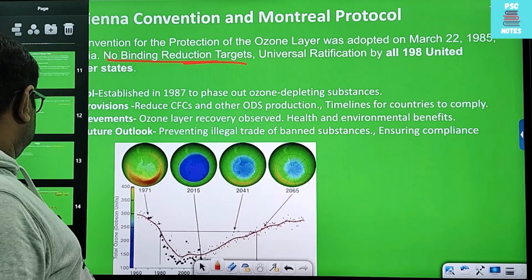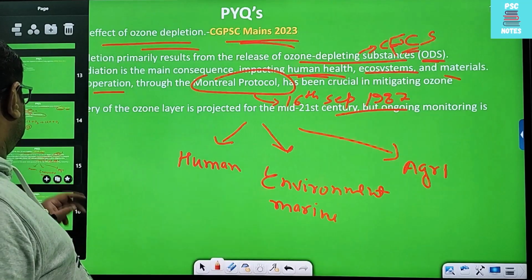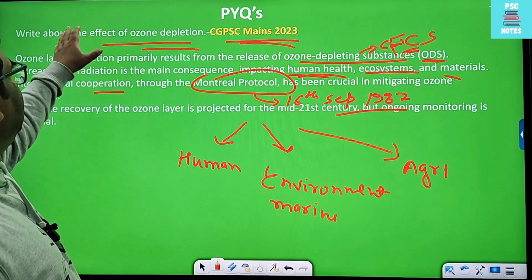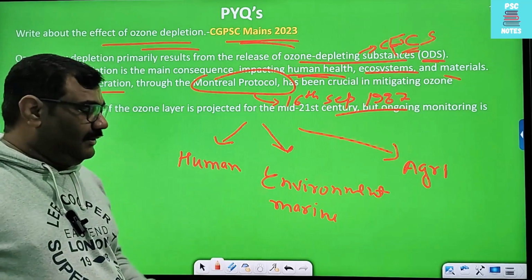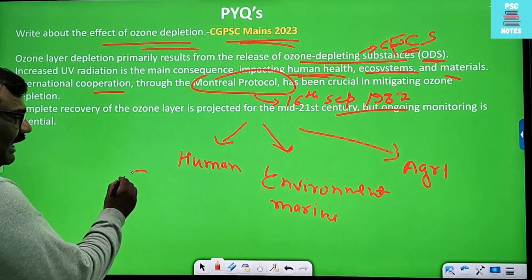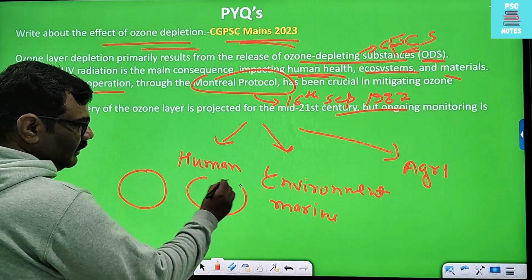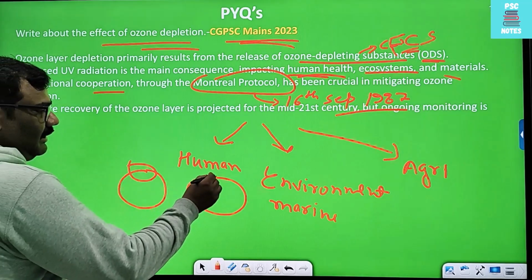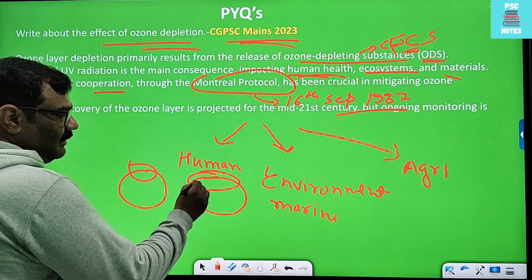Further, in this question, we can also give an ozone depletion diagram with the help of multiple globes, showing how the ozone hole has increased.